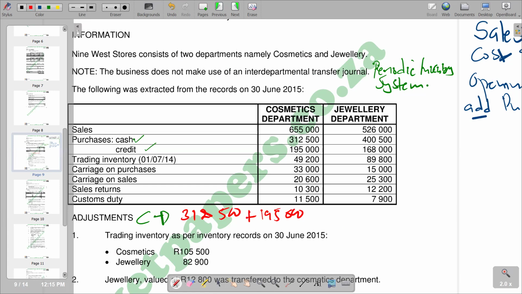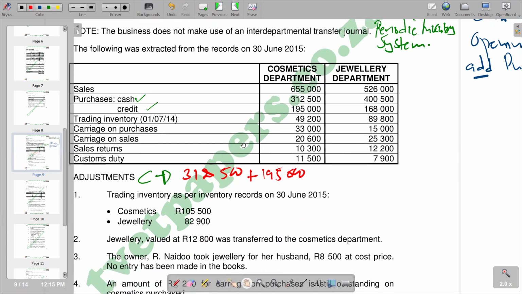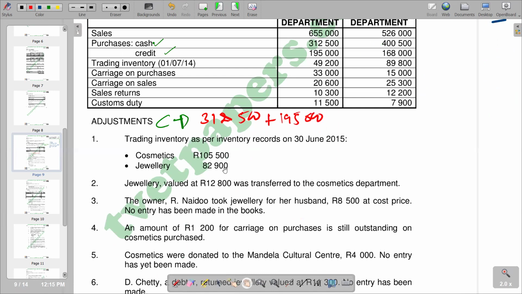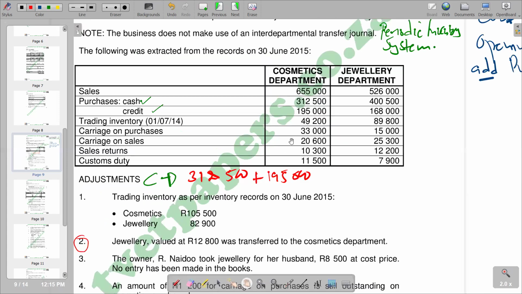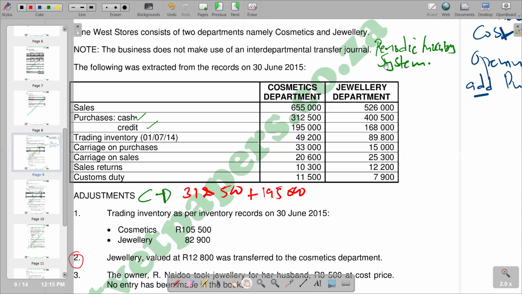So we go to additional information to see any adjustment affecting our purchases. We are given item 2. If we go to adjustment number 2, jewelry valued at 12,800 was transferred to the cosmetics department. Remember, we calculated for cosmetics. So remember at the beginning of the question, we indicated that we are using the periodic inventory system.